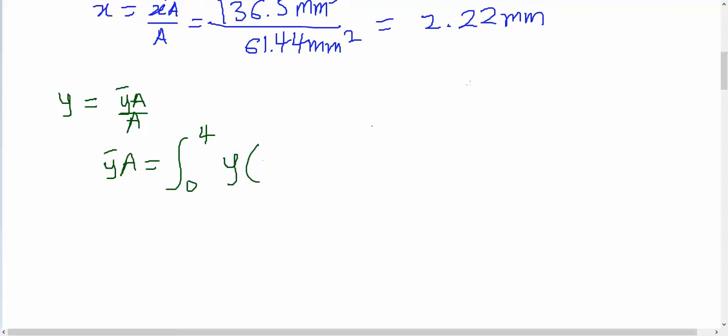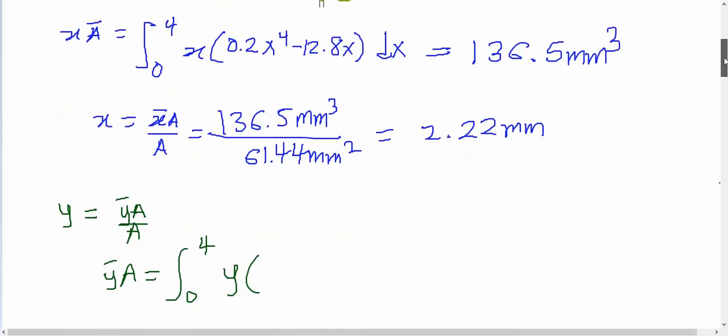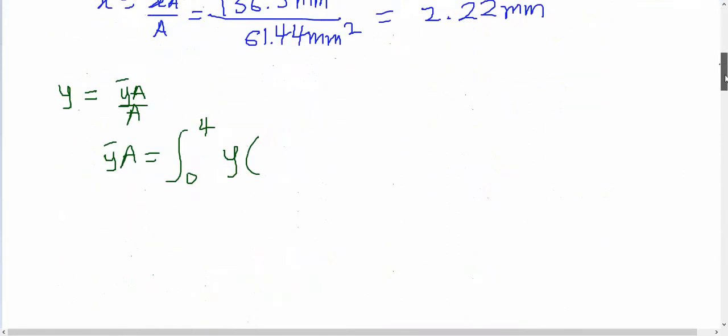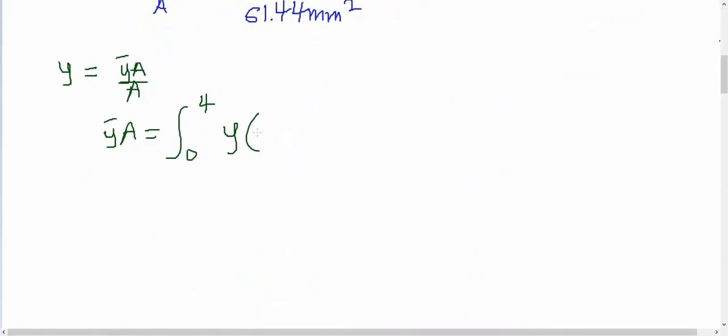Oh, what was it? A was 0.2 x to the 4 minus 12.8x, and this is dx. Well, since this equation is in terms of x, we need to change our y to x.